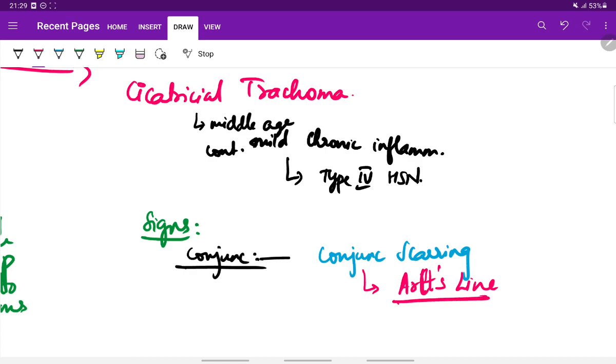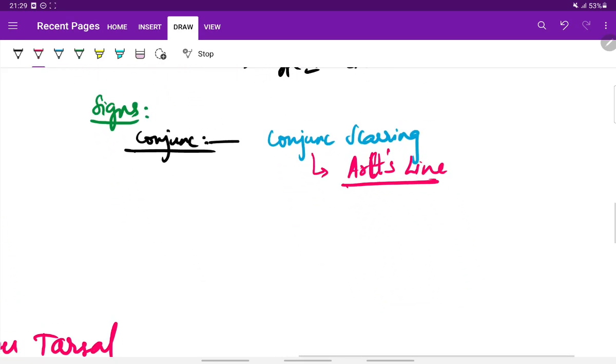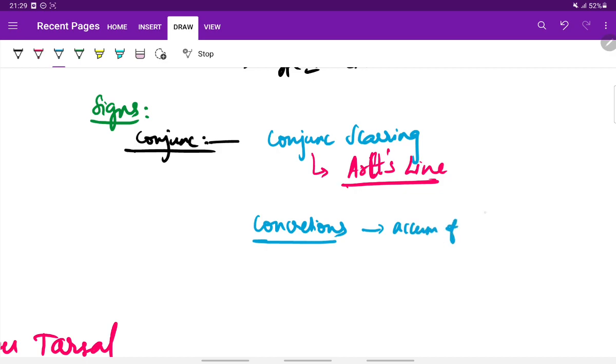Scarring of sulcus subtarsalis. The next sign is concretions. Concretions are present in the conjunctiva, which are hard looking whitish deposits. These are due to accumulation of dead epithelial cells with mucus.